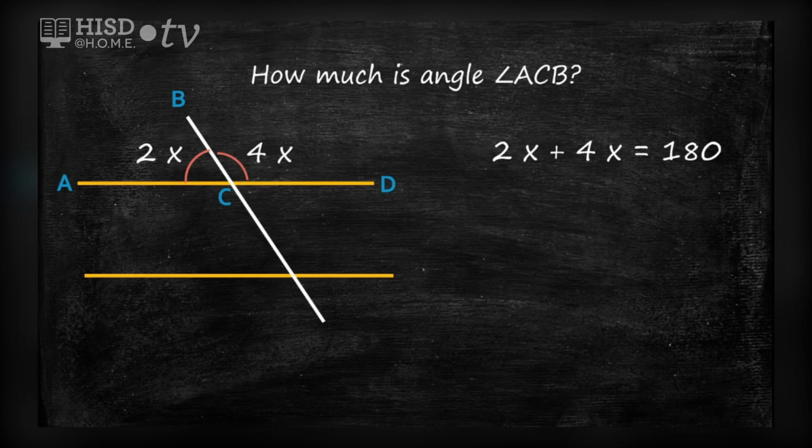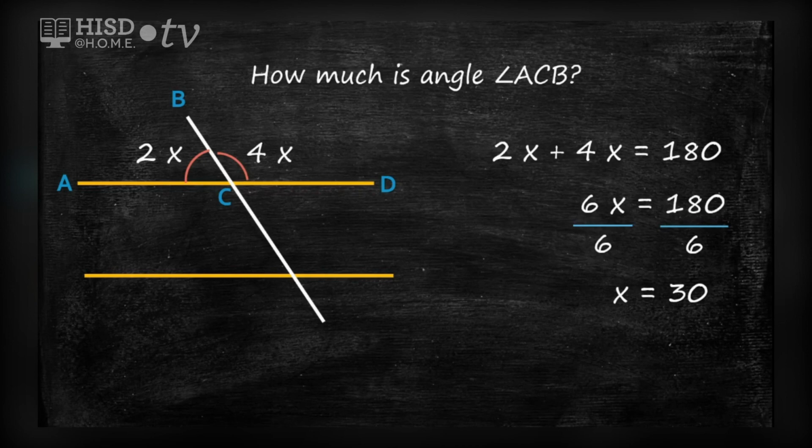By solving this equation, we just have to add like terms. So I can add 2x plus 4x, and that will be equal to 6x. And then I just have to use my inverse operations of dividing by 6 in order to know that the x represents the 30, the angle 30.